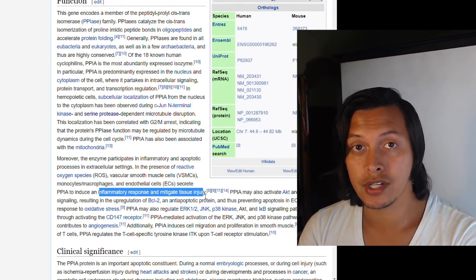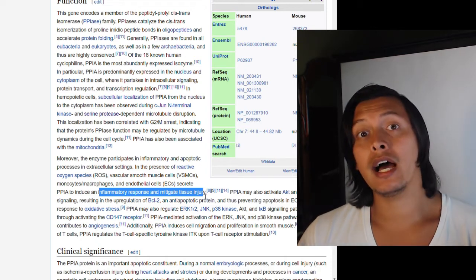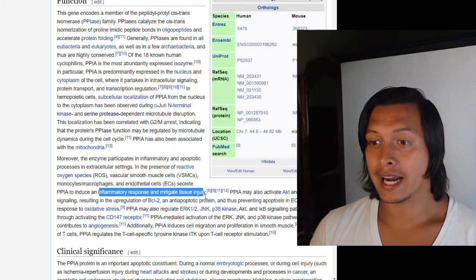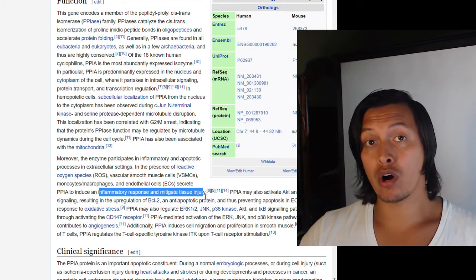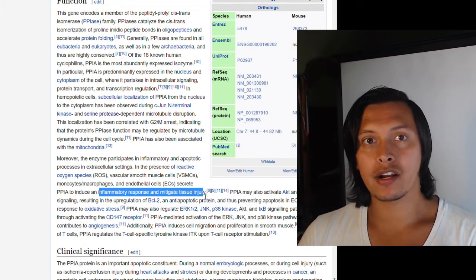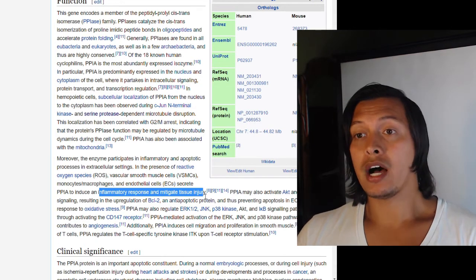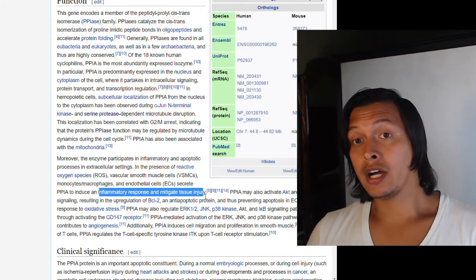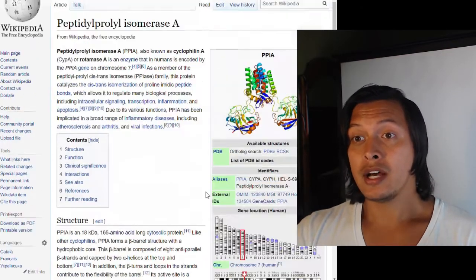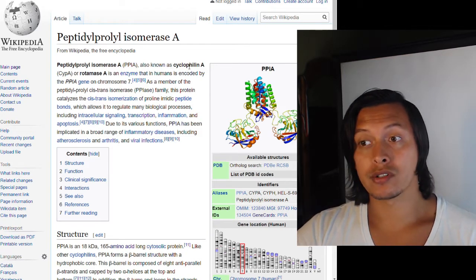So a lot of cells will start expressing cyclophilin A as a result of reactive oxygen species, or if there's a lot of free radicals and oxygenating species around that are sort of burning the cells alive, for lack of a better word, these cells will then release this peptidyl prolyl isomerase A, or cyclophilin A.